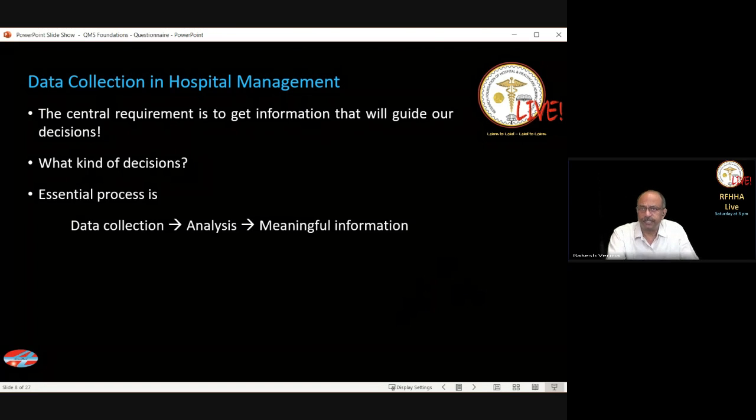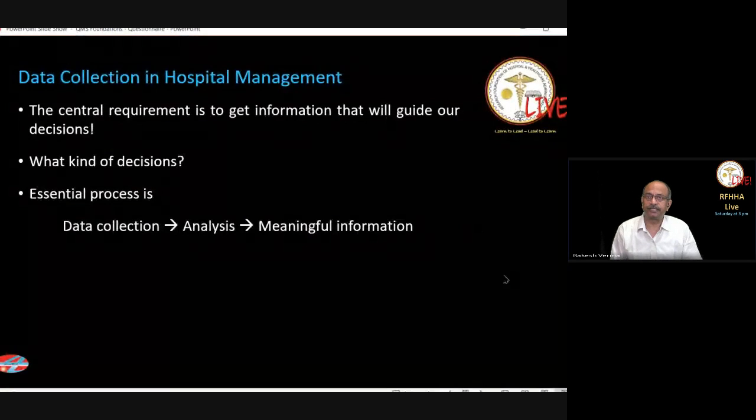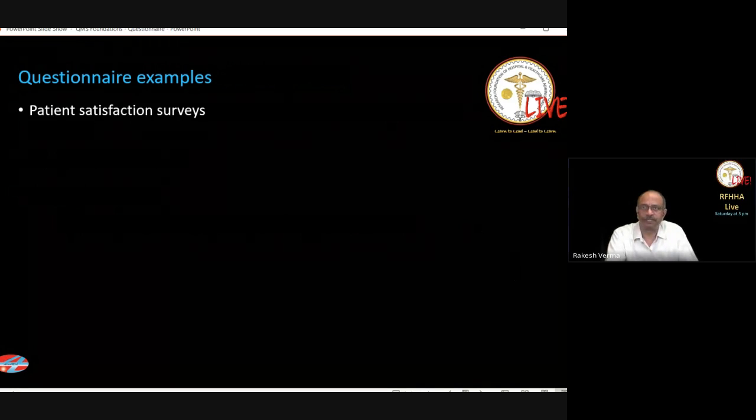Therefore, the essential process to take those decisions, or to help take those decisions, will need meaningful information, which will come from the analysis of the data that we collect using a questionnaire. Like I said earlier, data can also be collected by various means. Questionnaire is one of them. So what we need is meaningful information which will help in decision making, and all the tools that we have talked about so far are the ones that will aid in converting existing observations or data into meaningful information.